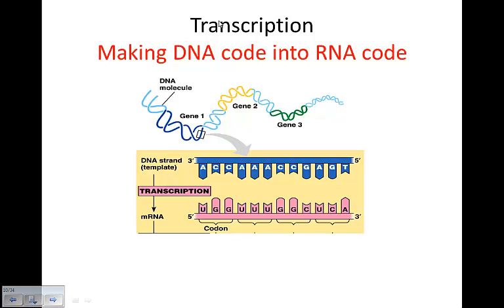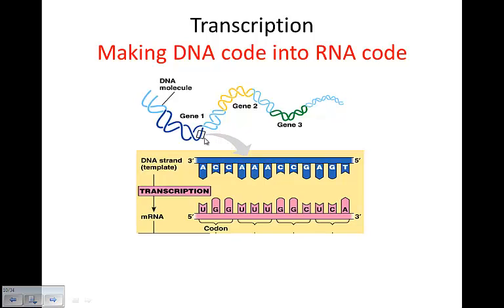So here's transcription, where through this process we're making DNA into the messenger RNA code. Here's our DNA, with gene 1, gene 2, gene 3. Now we're taking out one piece to take a look.